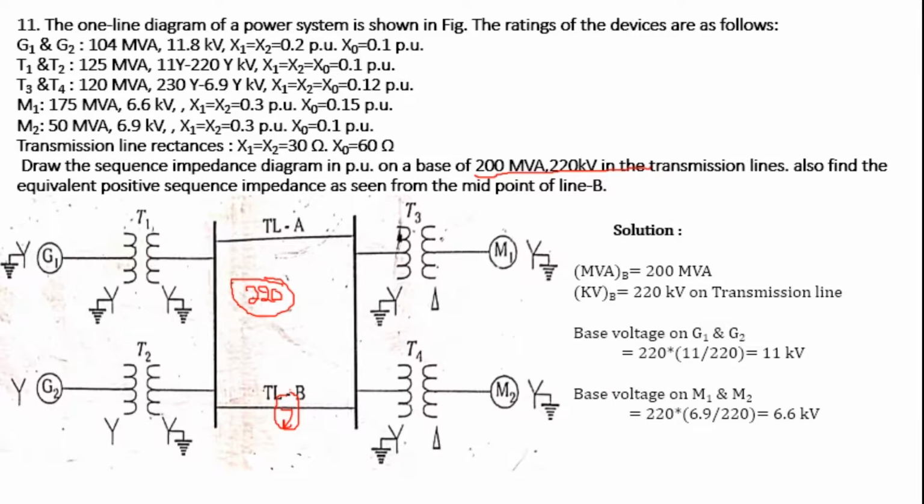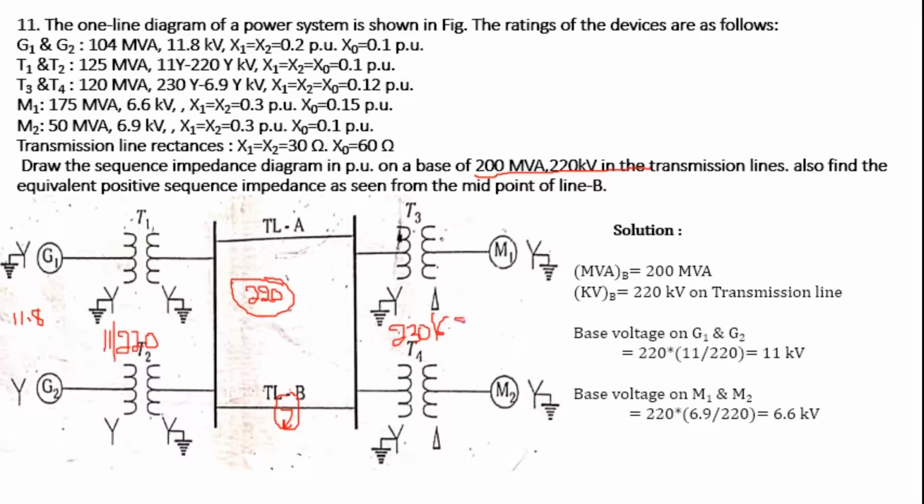Coming to the transformers T1 and T2, the rating is 11 bar 220, and for the generator it is 11.8 kV. These are given in the rating. And for T3 and T4 it is 230 bar 6.9.